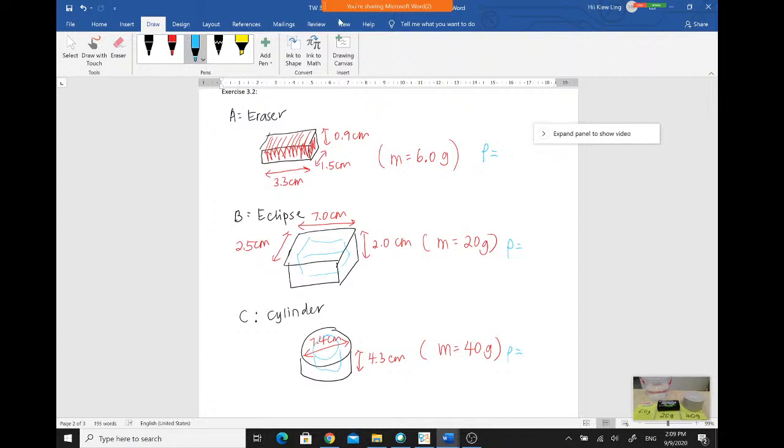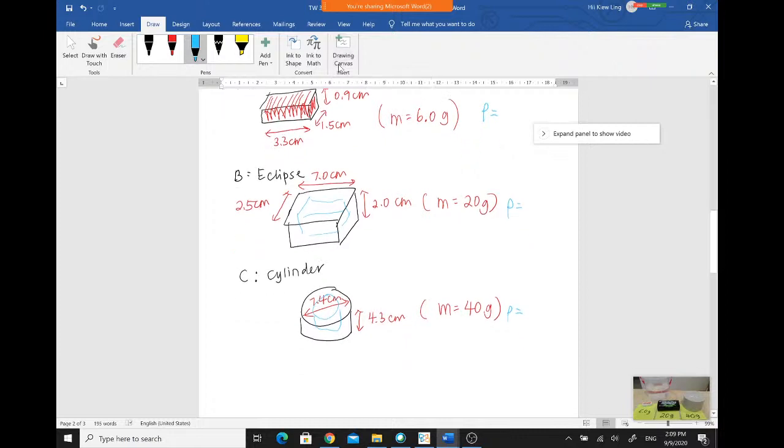Or I say all the male students, you calculate the density for the eraser. And girls, you calculate the density for the eclipse. Girls, we like sweet things, right? So we calculate the density for the eclipse. And for those who have already completed, you move on to calculate the density for the cylinder.